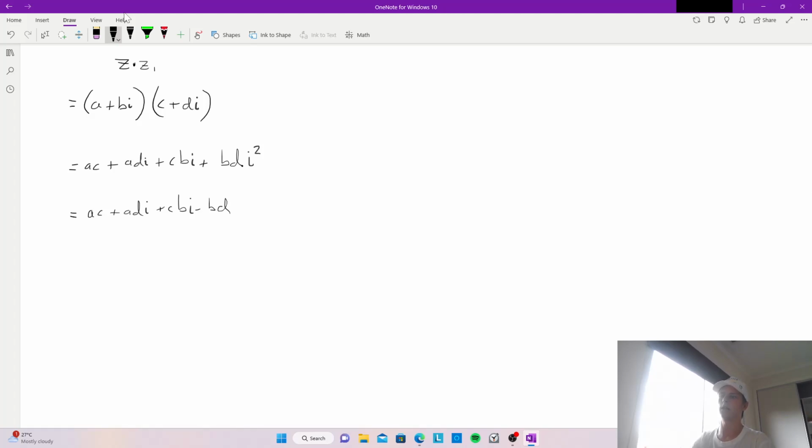So therefore this number here has been turned into a real number. So then we can collect our real numbers and our imaginary numbers, and then you'll get AC minus BD, and then plus AD plus CB i. That's pretty much as simple as it gets.